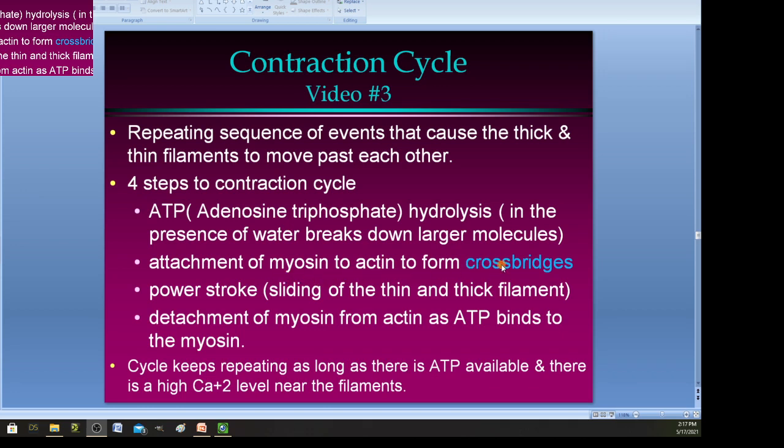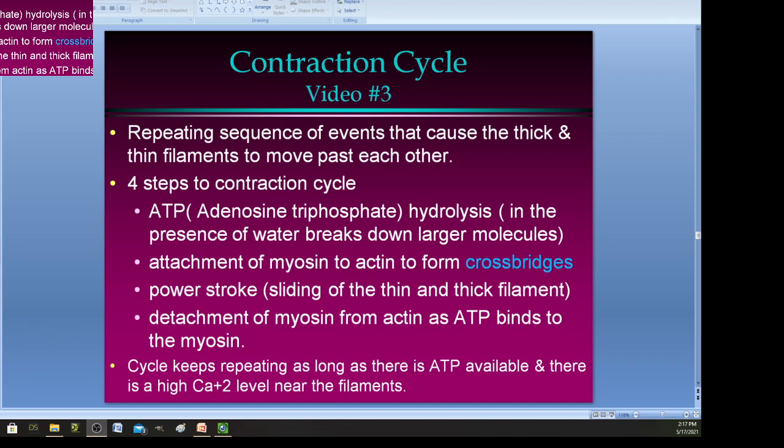That forms what we call a cross bridge. Then we're going to slide the actin and myosin on each other. That's called a power stroke. And then we are going to need to add another ATP to do it all over again. And this is going to continue as long as we have energy, ATP, and calcium.